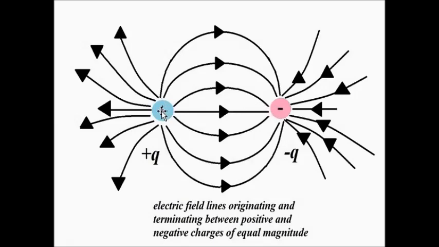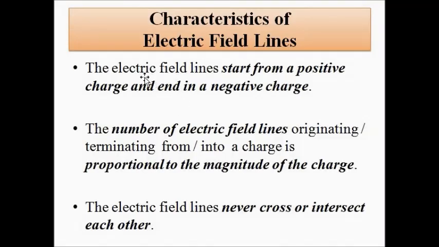As you can see, the electric field lines start from the positive charge and terminate at the negative charge. Look at the direction of the arrowhead. It is starting from the positive charge, terminating at the negative charge. So this is the first property: electric field lines start from a positive charge and end in a negative charge.